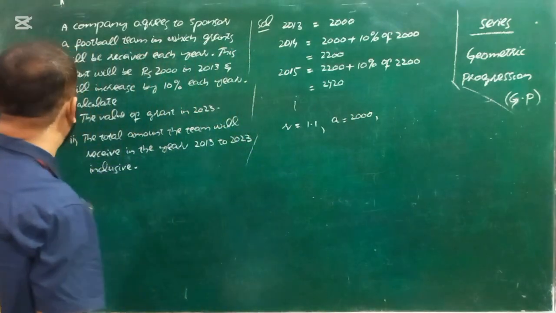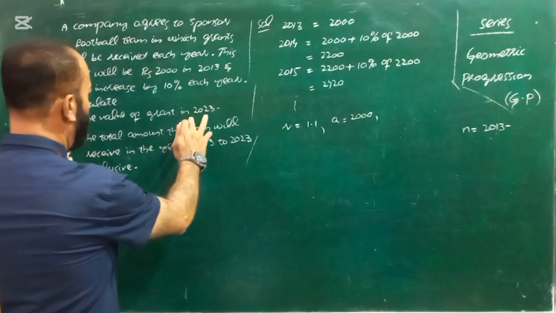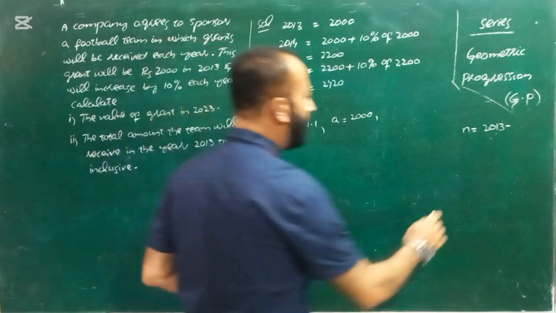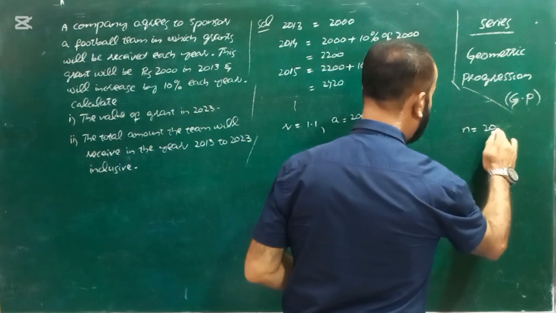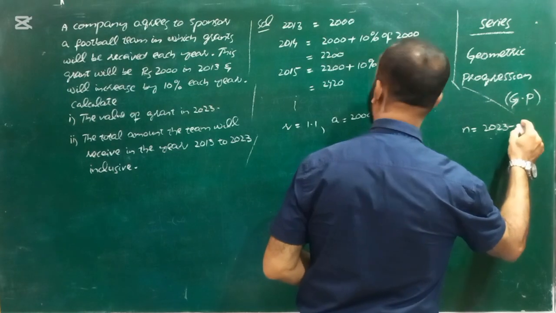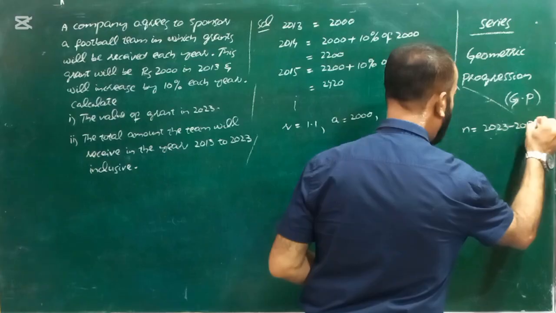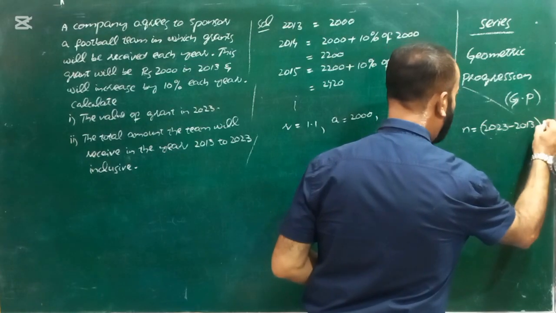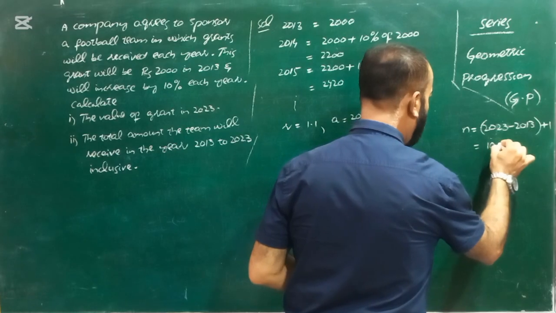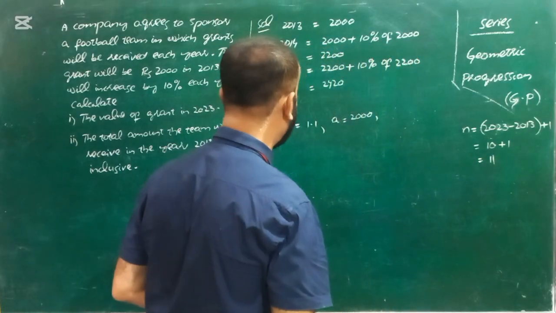The first requirement is the value of the grant in 2023. So first we will find the value of n. The process starts from 2013, so n is equal to 10 plus 1.